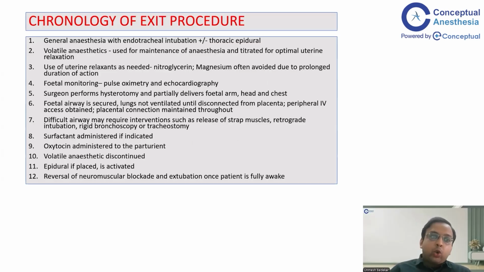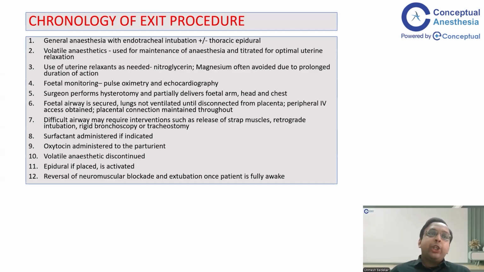So we will go through how the EXIT procedure is carried out. The chronology of the EXIT procedure: first, general anesthesia with a secured airway by endotracheal intubation, with a thoracic epidural, is given. Volatile anesthetic agents are used for maintenance, and titration is done for optimal uterine relaxation.